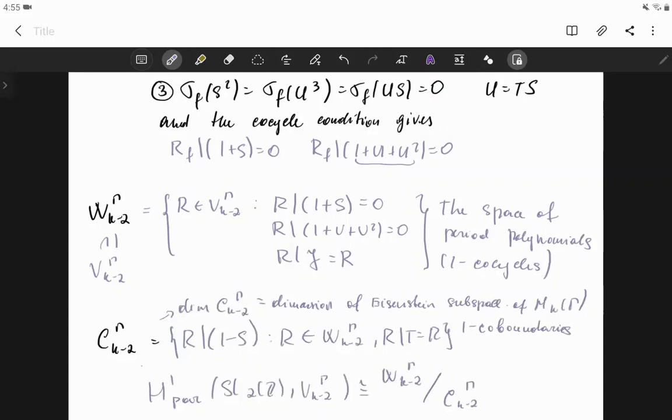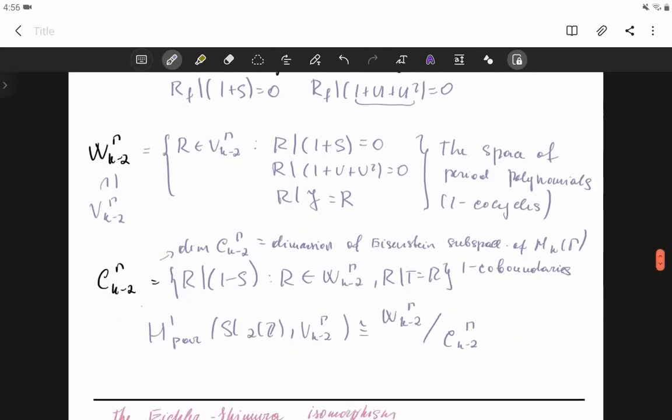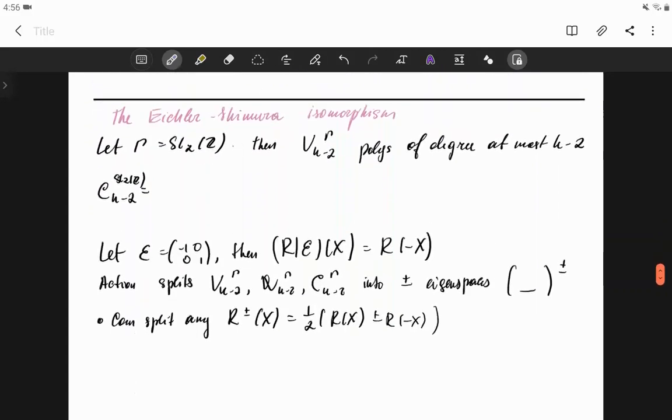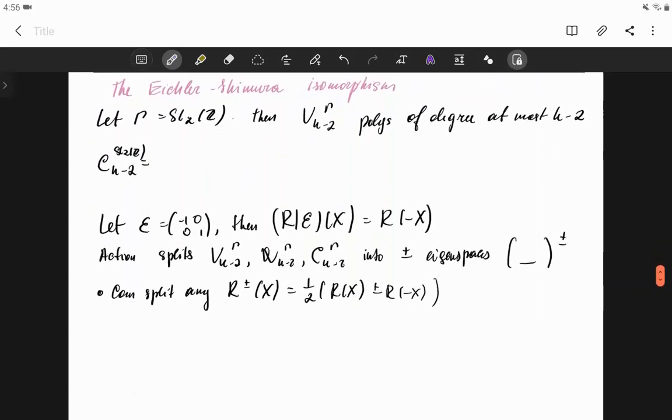All right, I want to get back to the connection between parabolic homology and modular forms. The connection is given by the Eichler-Shimura isomorphism. So let's take gamma to be just SL2Z from now on.